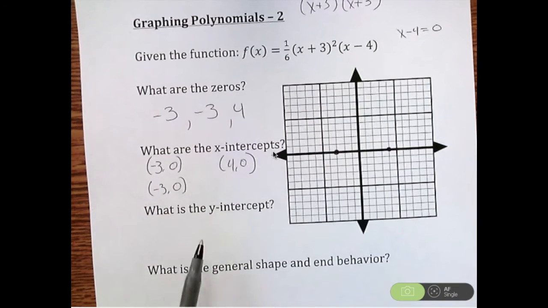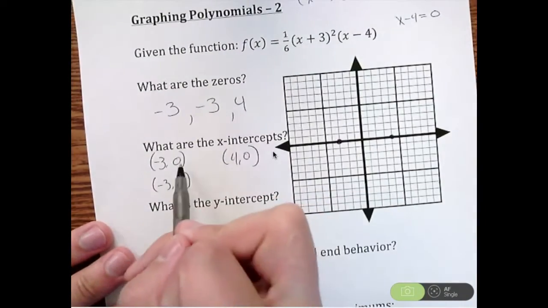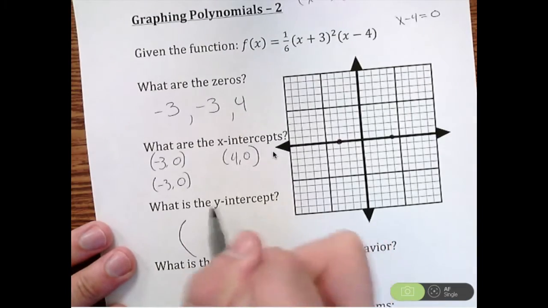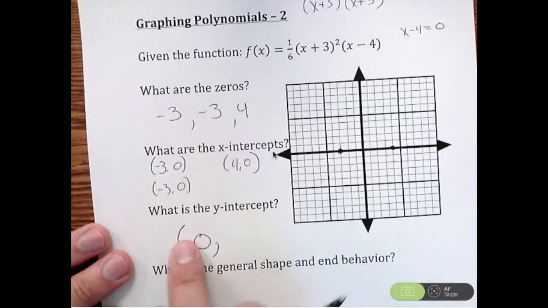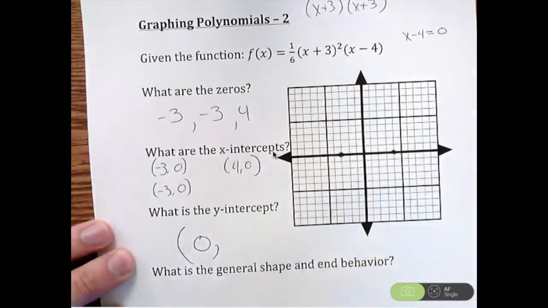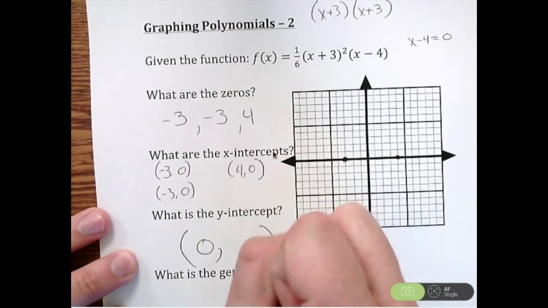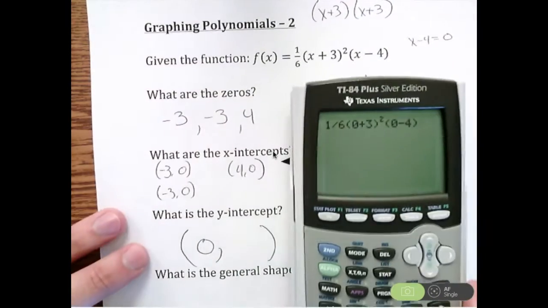Next, we can find the y-intercept to help us get our graph going here. If you notice for x-intercepts, the y values are all 0. To find a y-intercept, the x value is 0. So what we're going to do is plug in a 0 for all of our x's up here and then simplify that. The easiest way to do that so you don't make silly mistakes is to put it all in your calculator.